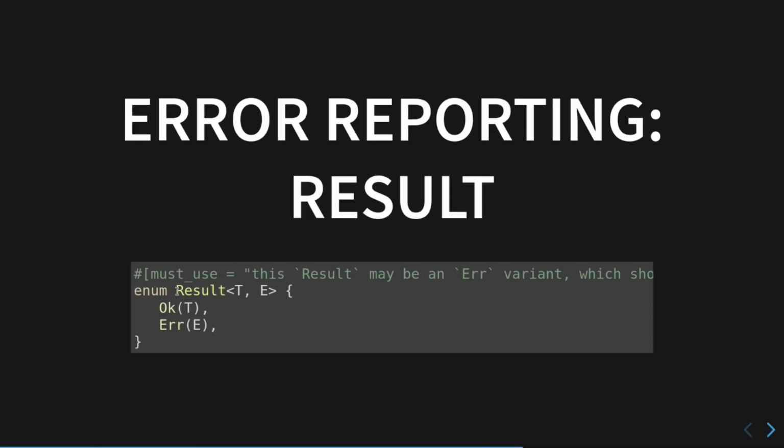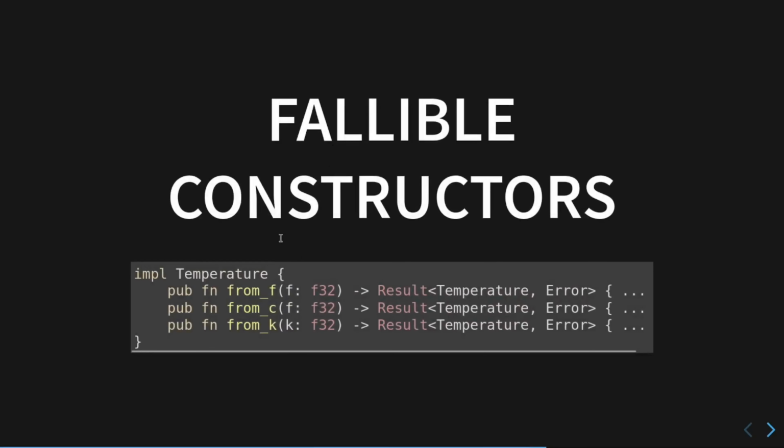This isn't really done by anything particularly magical in the compiler. It's simply some extra compiler directives that were given in the standard library. With this, we're going to want 3 separate fallible constructors. Each one of them results with either a temperature or an error.